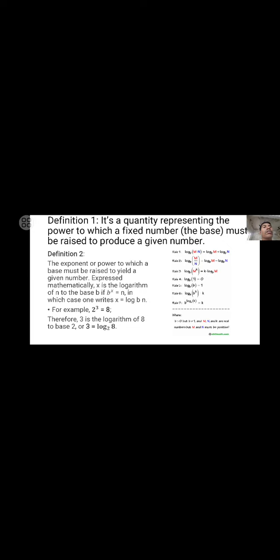It is a quantity representing the power. To represent the power, we will explain in terms by using logarithms. So let us see, after reading definition 2, then we will try to understand definition 1 also.